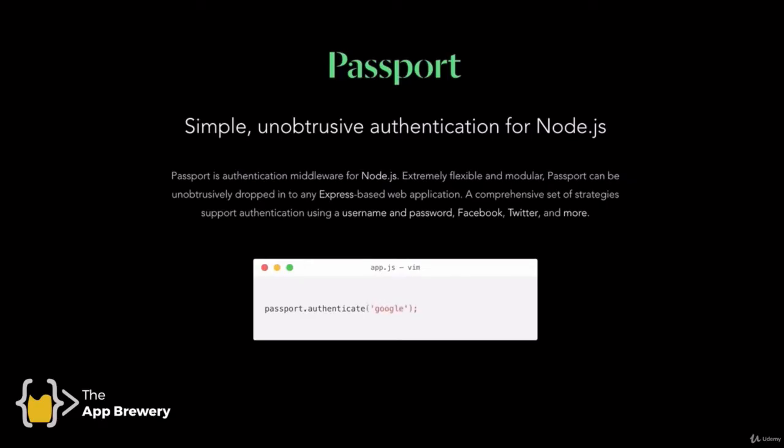So we're going to be implementing cookies and sessions into our website, and we're going to be doing it using something called Passport. Now, if you talk about Node.js and authentication, it's almost impossible to not mention Passport.